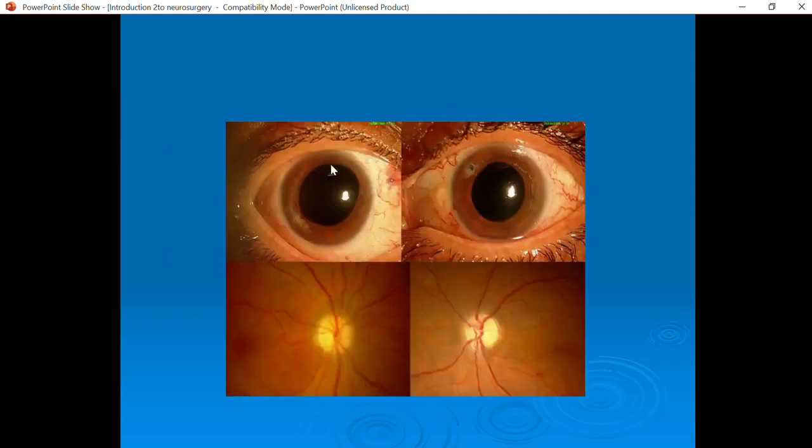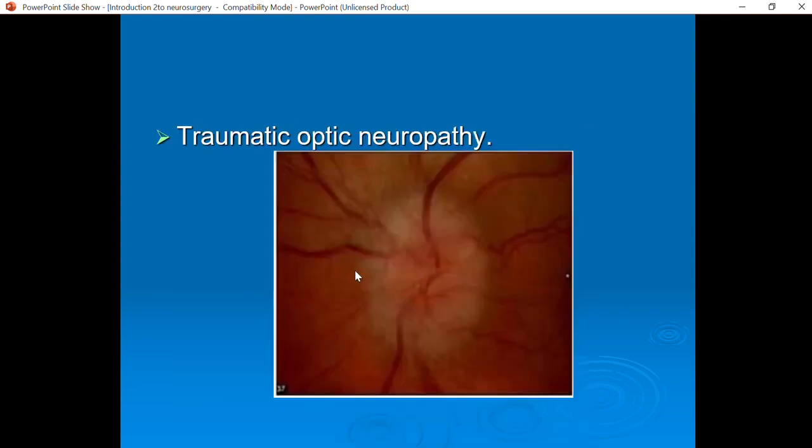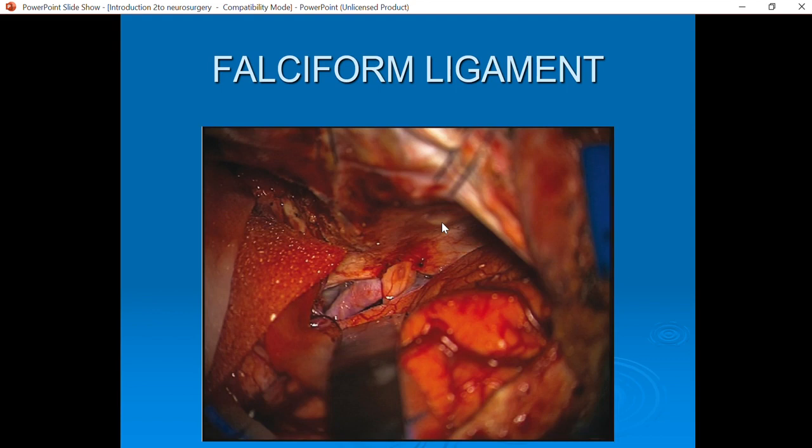This is a dilated pupil, and fundoscopic examination of the fundi of the eye is showing optic disc atrophy. That means optic nerve injury. This fundoscopic finding of optic nerve injury is not important for you, I think.